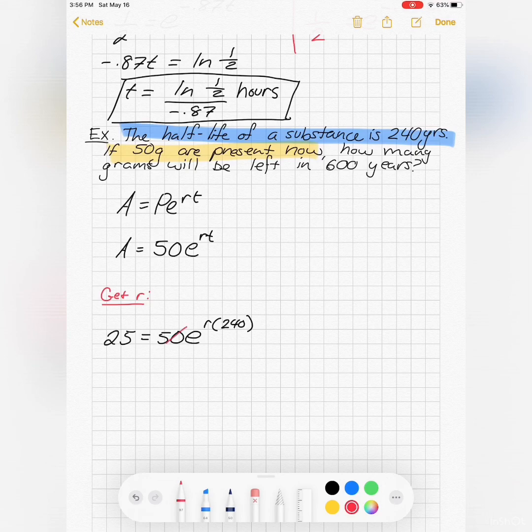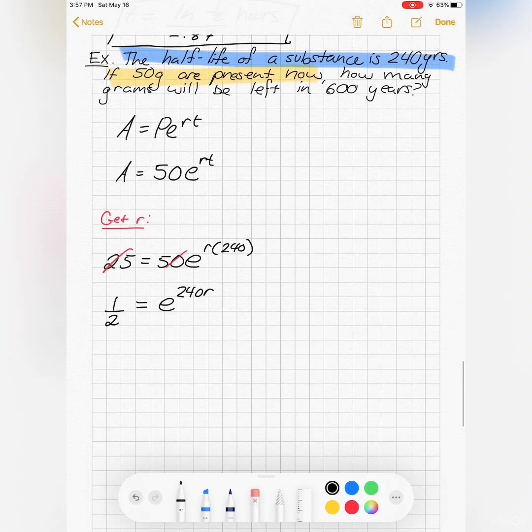So again, I don't even need to know the initial amount here, because when I divide, I'll always arrive with that half on the left side. Change to log form. Divide, and I have my rate.